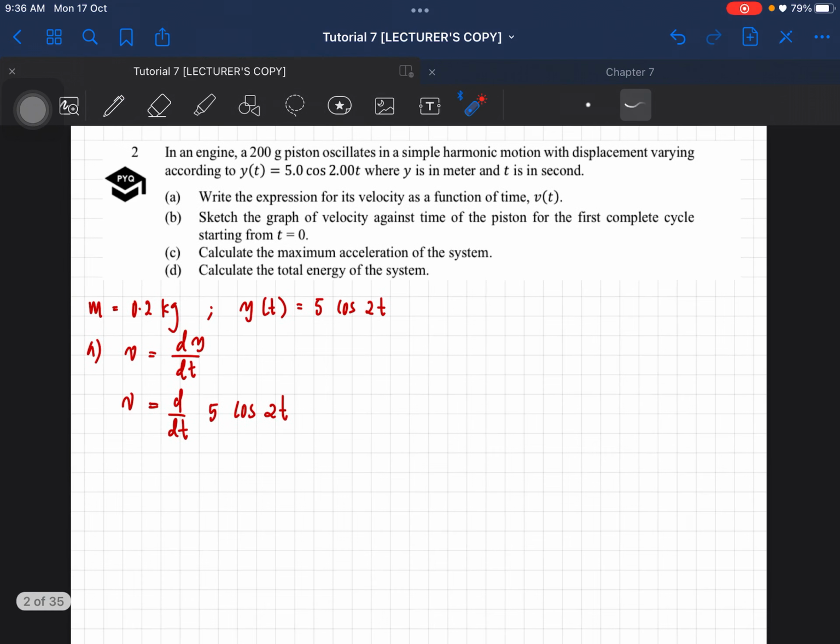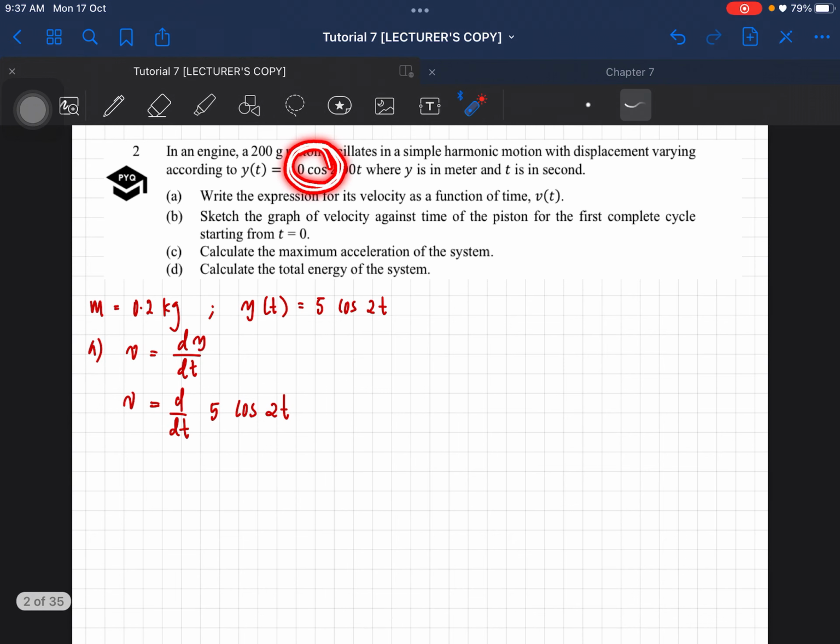If you see, the displacement equation now is in cos, it is not in sine. So if you directly use the equation of velocity that I told you, which is cos omega t, you will actually get it wrong because this is already cosine. So why would it be cosine if you differentiate it with respect to time again?